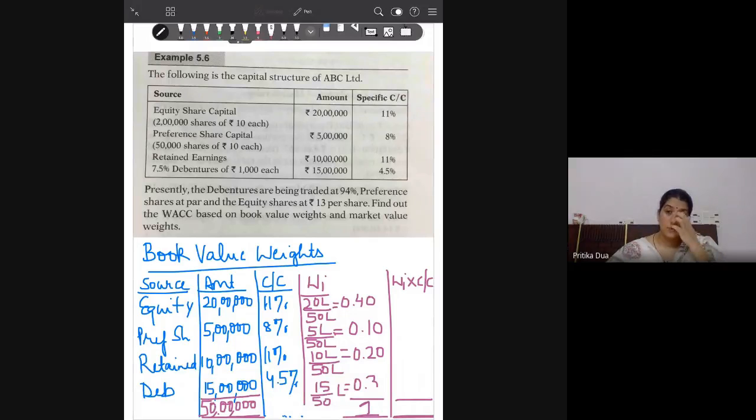So yes, 8.75% is the correct answer. Others also complete. You'll get to know whether you have solved it correctly or not. 8.75% is the correct answer. Okay, I hope there is no doubt in this.